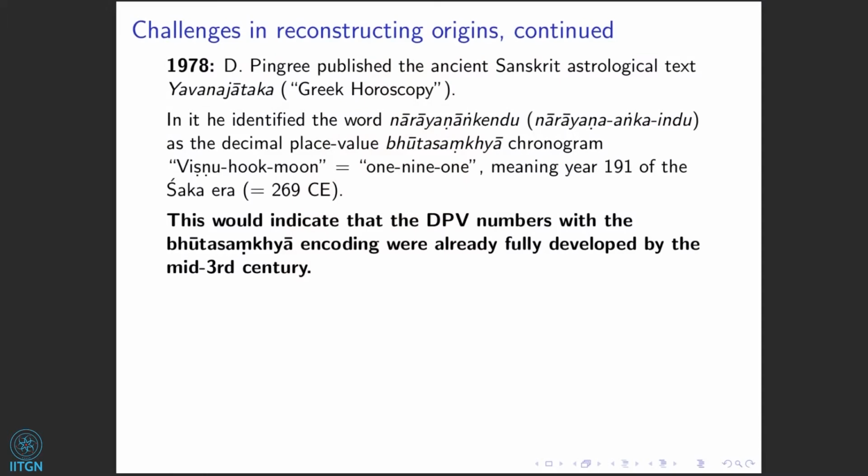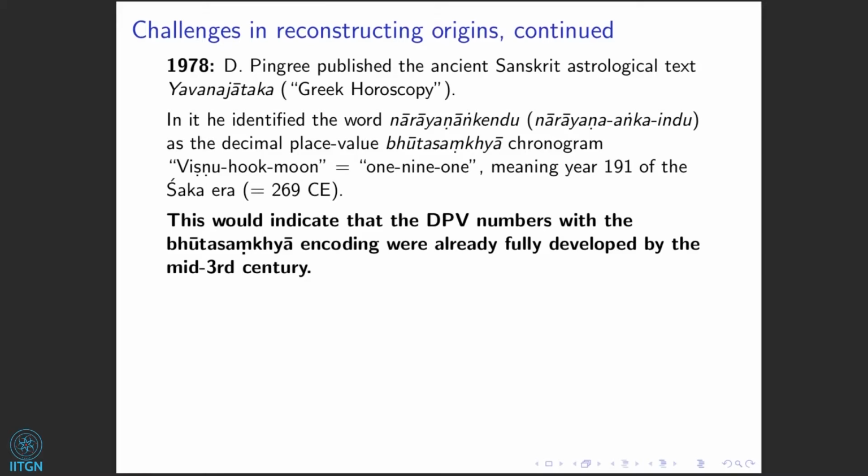I was accepting this very reasonable inference in the work of David Pingree, published in 1978, when he edited and translated the ancient Sanskrit astrological text, Yavana Jataka, meaning the horoscopy of the Greeks. And he read in the manuscripts of this work that he had the compound word Narayanankendu.